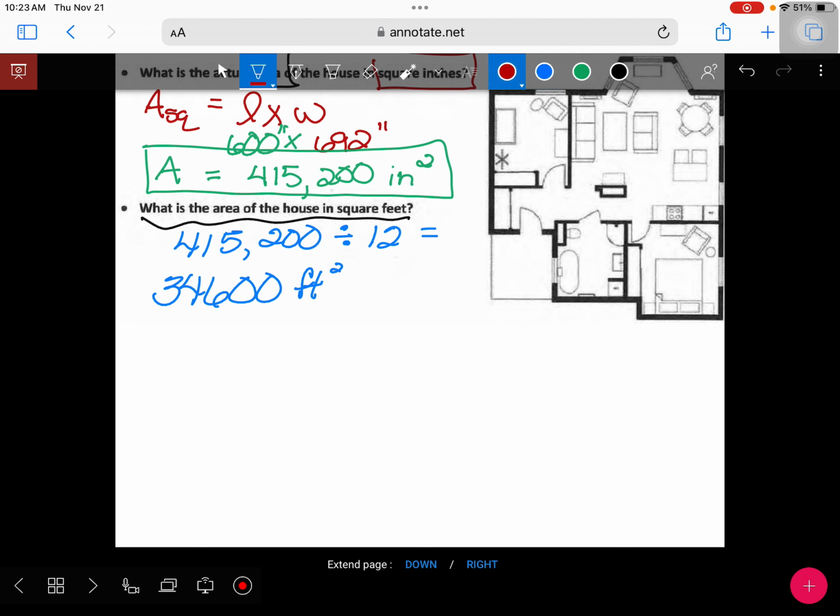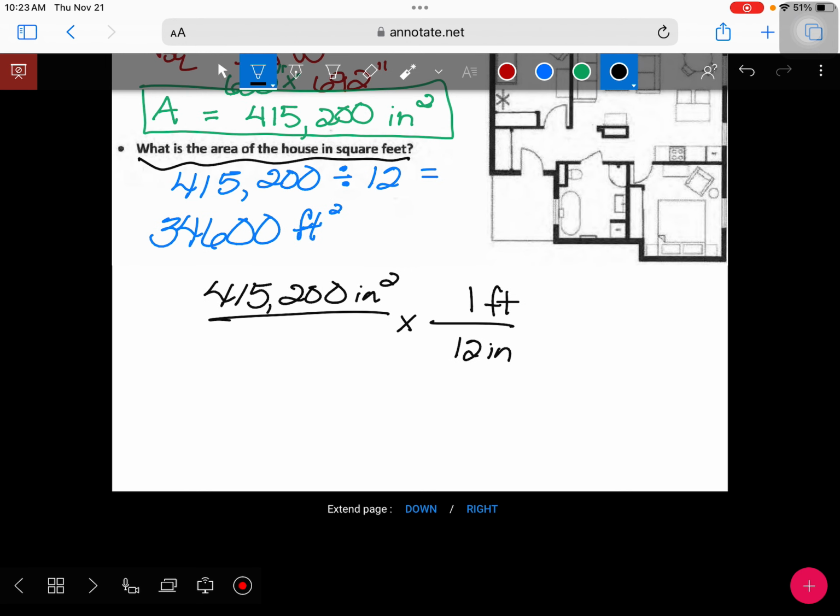But yes, we start with 415,200 inches squared, okay? We know the equivalent ratio is that 12 inches is equivalent to 1 foot, right?